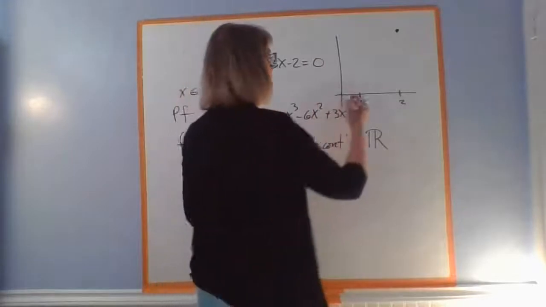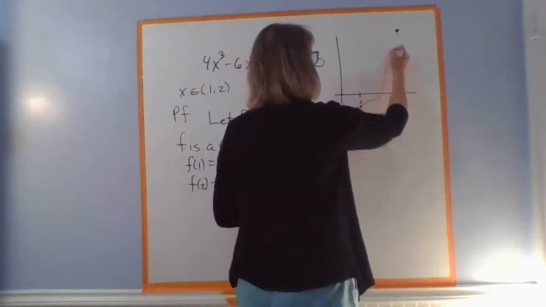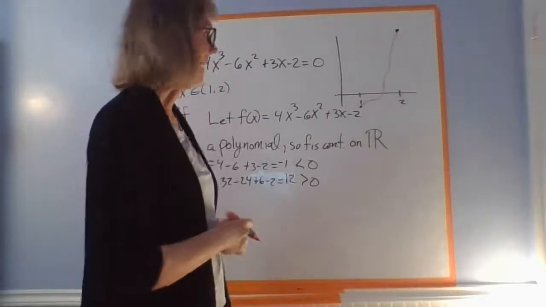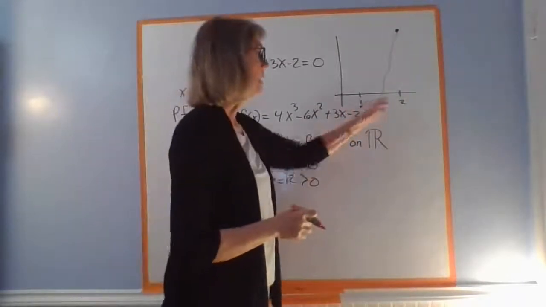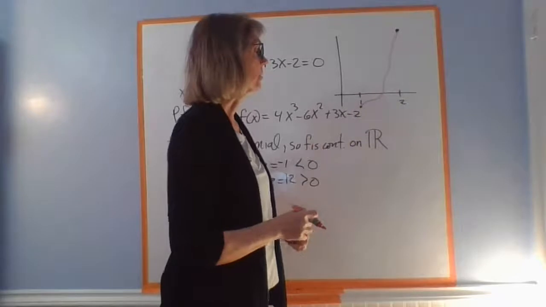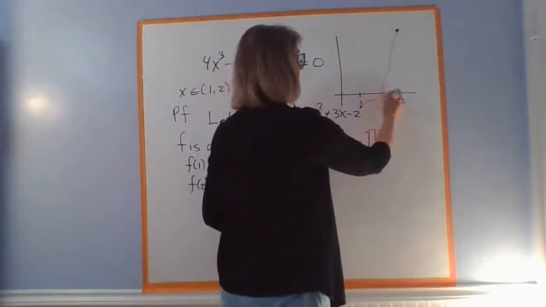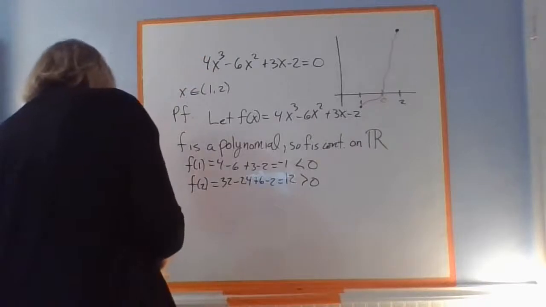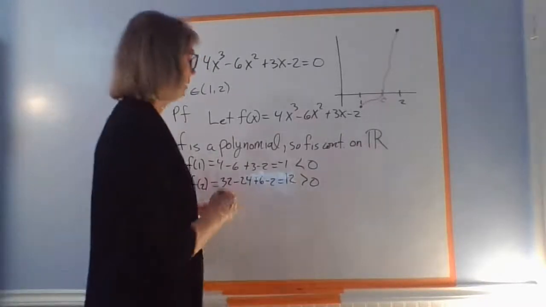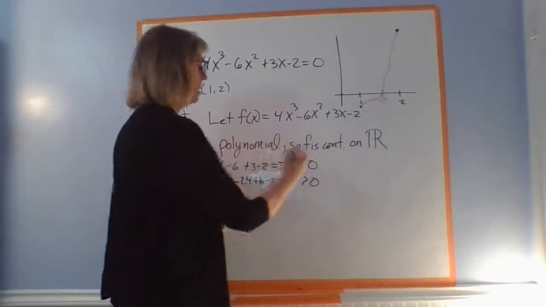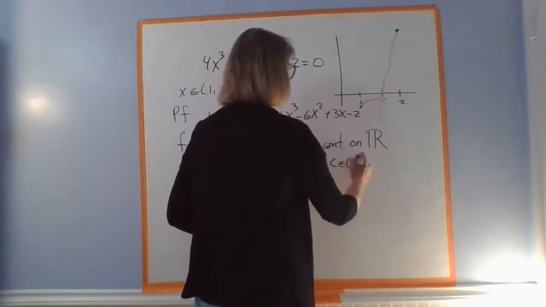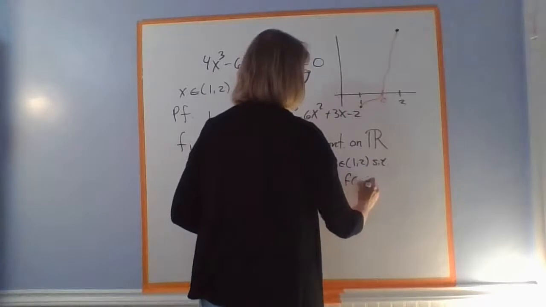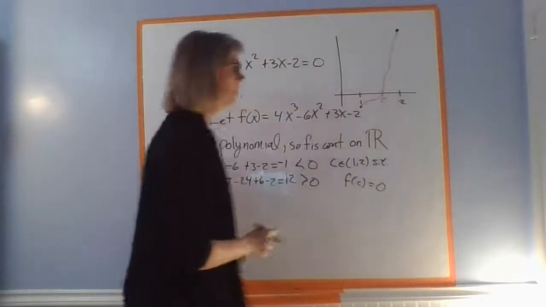The only way to do that is to cross the x-axis, and I have to cross the x-axis in between 1 and 2. I'm going to call this value on the x-axis c. That means that there is a c between 1 and 2 such that f of c is equal to 0.